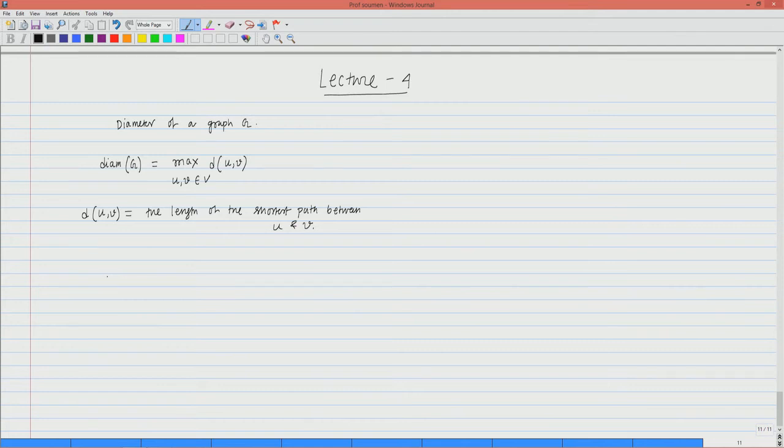Let me start with the Petersen graph that we learned in the previous class. It has 10 vertices and we know how to construct the Petersen graph.